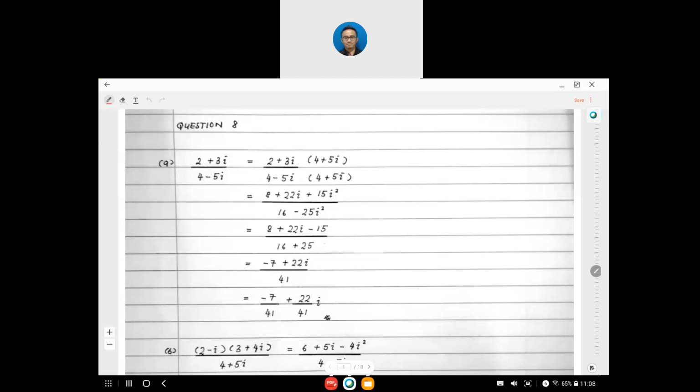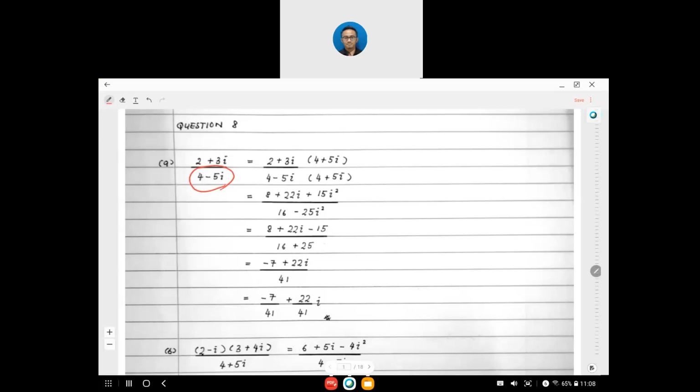Here it involves a fraction between two complex numbers, so the only way to solve this is by multiplying by the conjugate of the denominator.